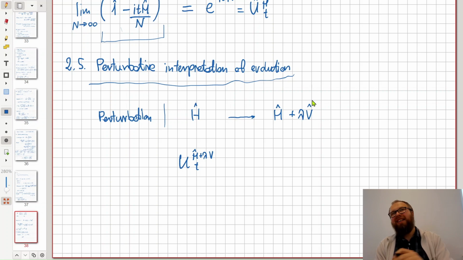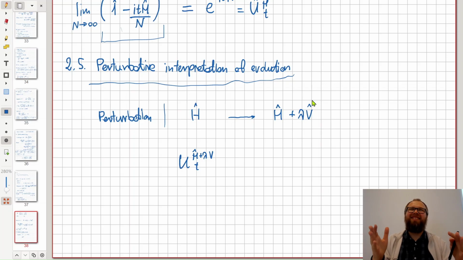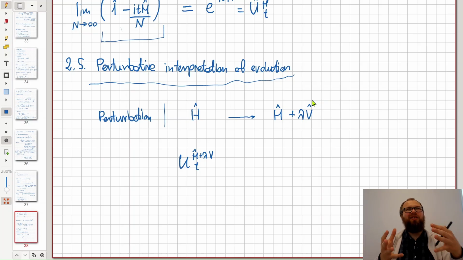But nevertheless, if time is short, this perturbation or the evolution is small. So in this context, it's possible to still think of it as some kind of perturbation theory. Then you don't have to add too many terms. You kind of see what's going on there.